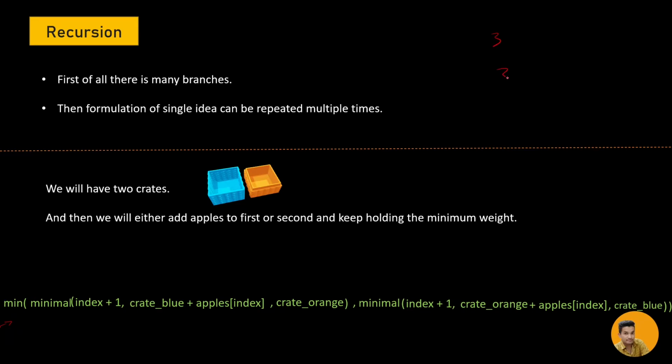So if 3, 7, 9 were the apple weights, we are either summing up in crate blue. Crate blue is nothing but the weight of crate blue. So for the indexes, we need to scan through all the weights. So we will stop when the index reaches the end position. So what is the end position? The number of weights, 3. So when the index reaches here, we need to stop.